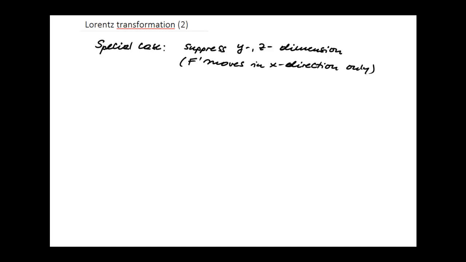In that case, we can focus on a 2x2 submatrix of the full transformation matrix lambda, namely the entries lambda 0,0, lambda 0,1, lambda 1,0, and lambda 1,1, because these relate to the time component and the x component.